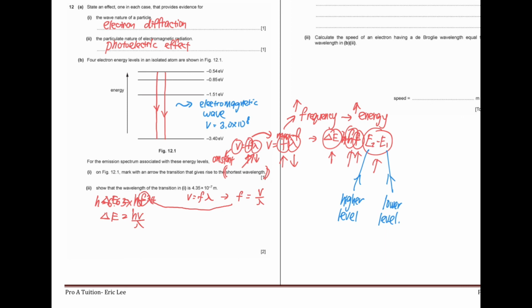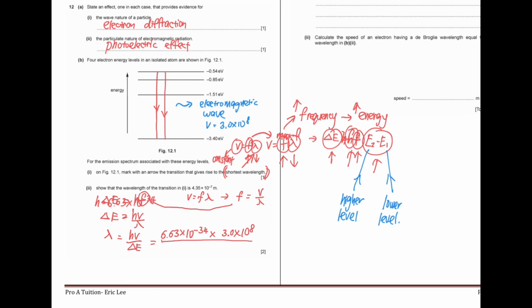Delta E is the change in energy. We rearrange it first to put lambda as the subject: lambda equals hv over delta E. Now we substitute values. h is the Planck constant, 6.63 times 10 to the power of negative 34. v is the speed of the electromagnetic wave, 3.0 times 10 to the power of 8. For delta E, you have to be careful.